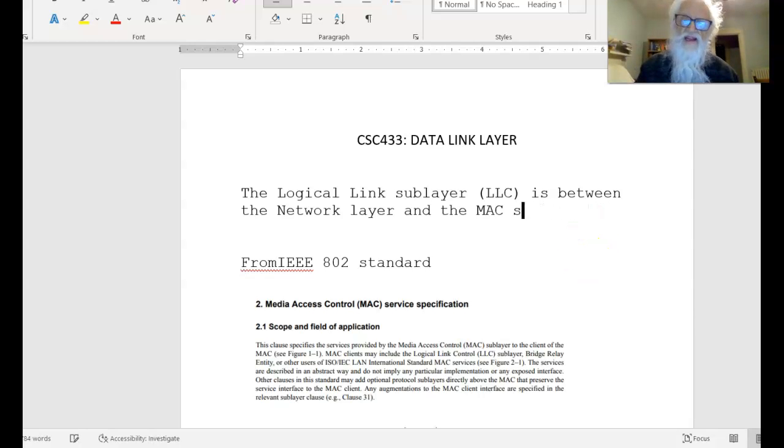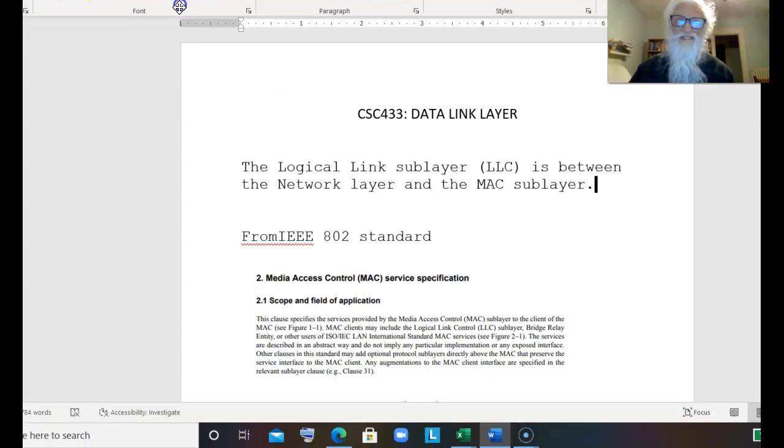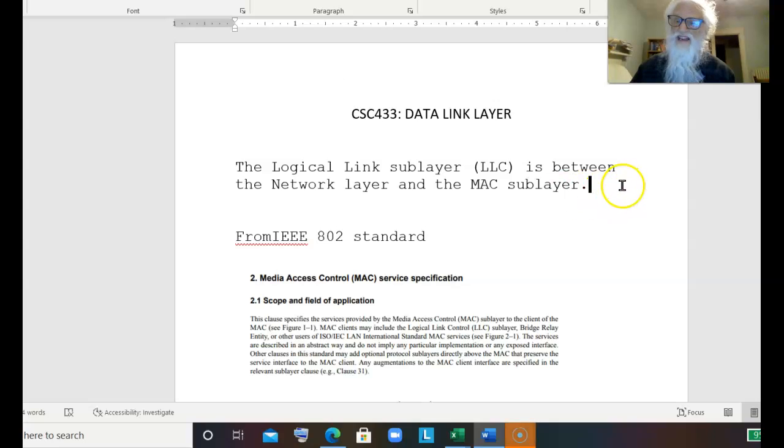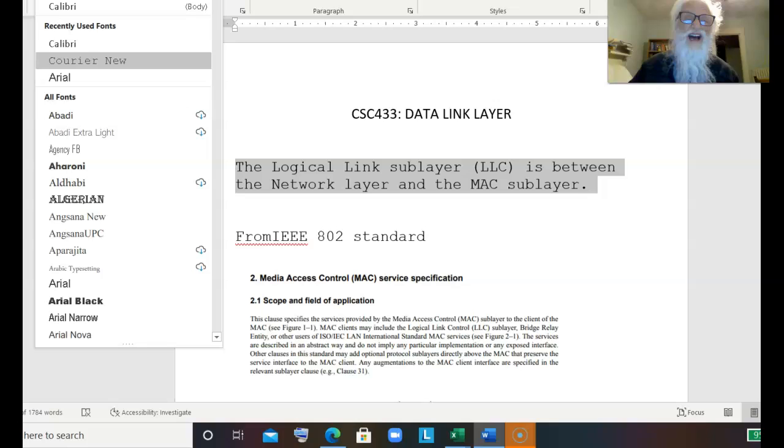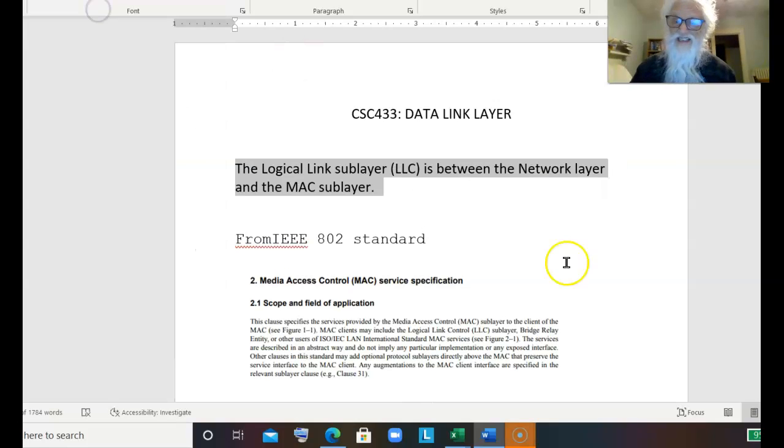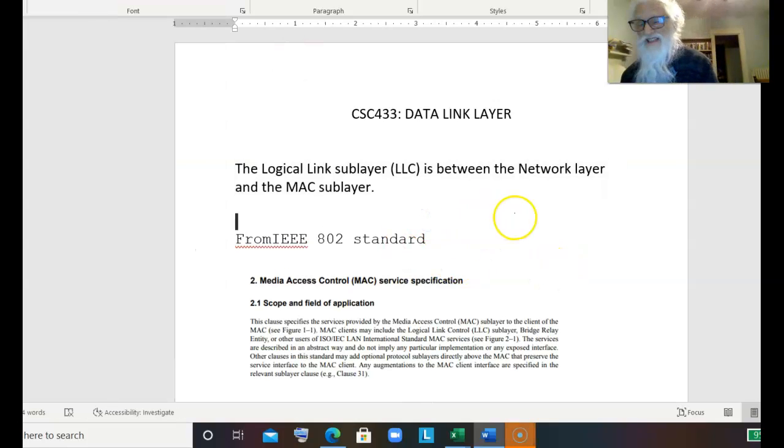So its purpose is to fix it so the MAC doesn't have to worry about all the different possibilities that could be available on the internet layer. No matter what kind of LAN it's on, the MAC only needs one interface, the interface to the LLC.